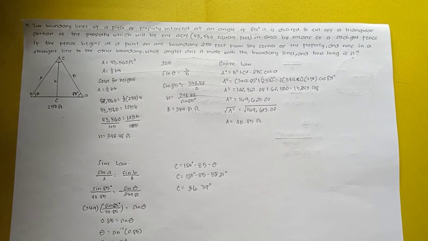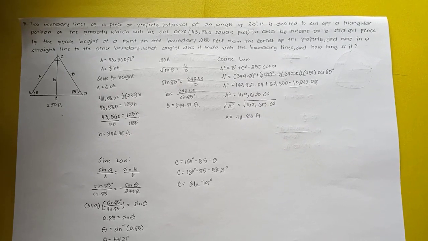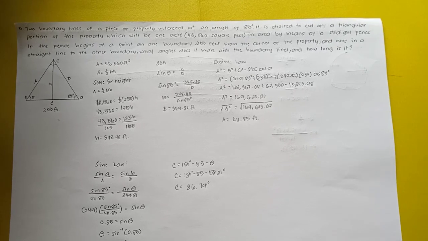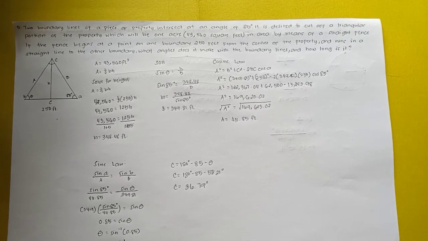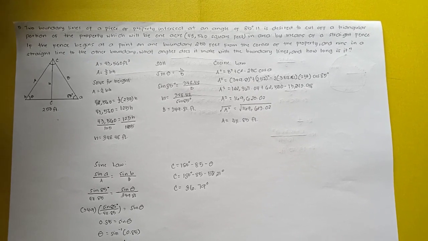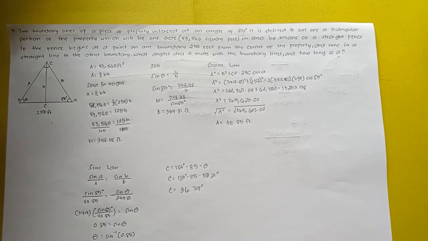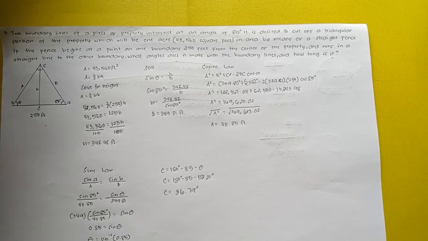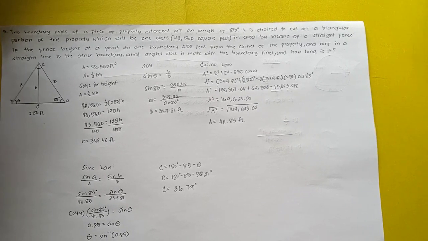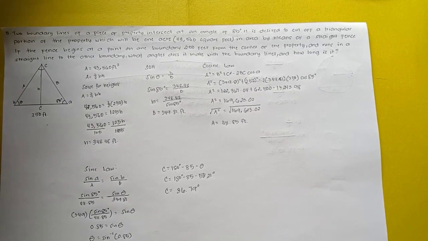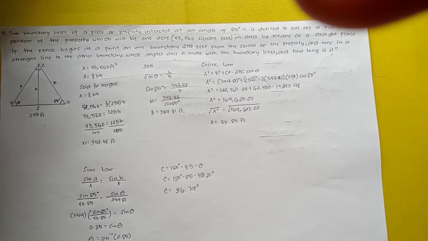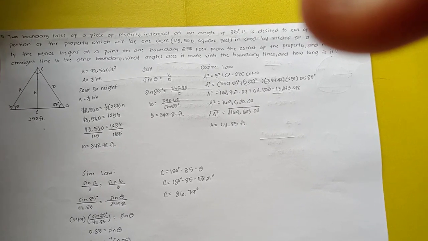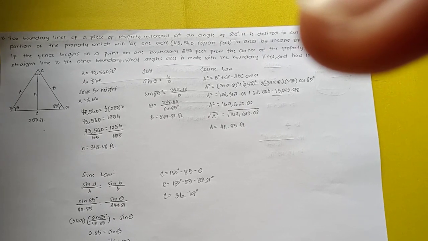Number 5. Two boundary lines of a piece of property intersect at an angle of 85 degrees. It is desired to cut off a triangular portion of the property which will be 1 acre, 43,560 square feet in area, by means of a straight fence.